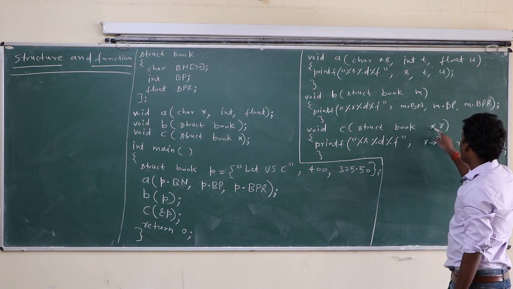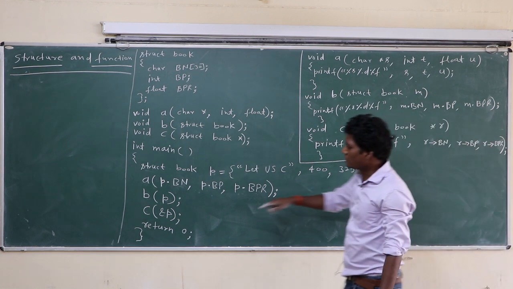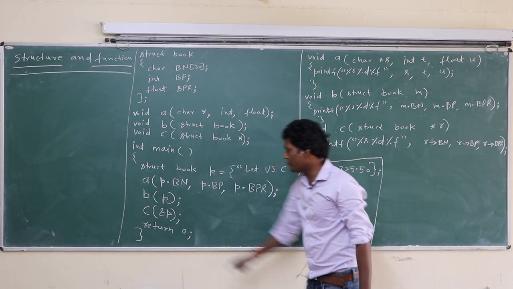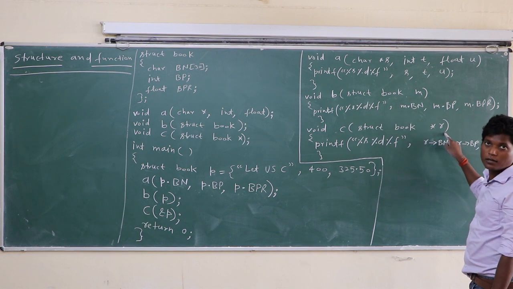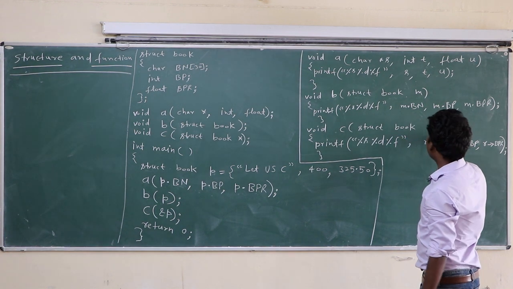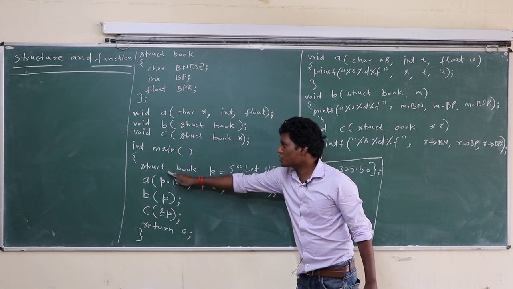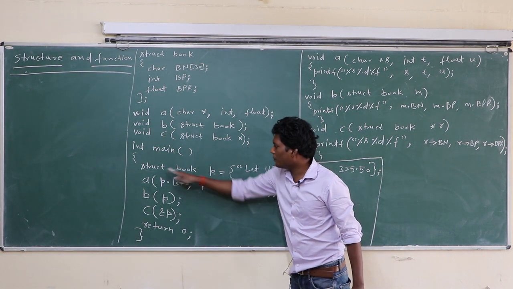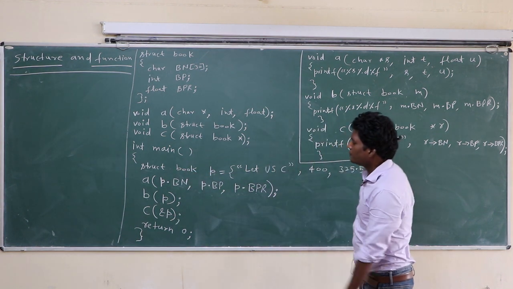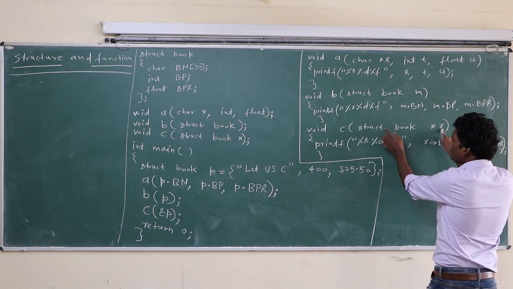struct book asterisk R, so whatever you passed here is received in R. Since here we passed the address of P, we have to make it a pointer, so R is a pointer to the data structure, pointer to struct book, because class, P has data type struct book, this is the variable, this is the data type, and P is passed here, so R has also data type struct book.